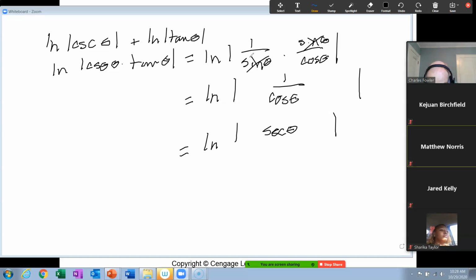Cotangent u, perfect. What is secant of pi halves minus u? That's the secant of the complement of u, which would be the cosecant of u. That's what the co stands for, complement. Okay?